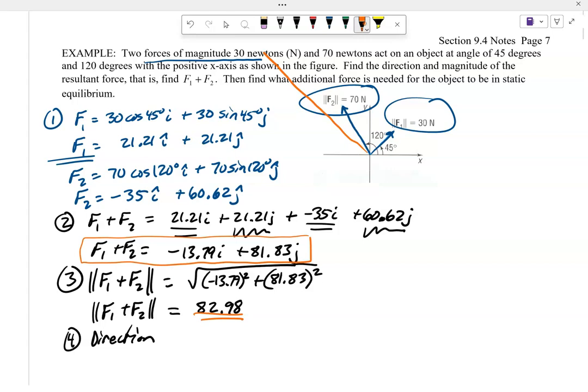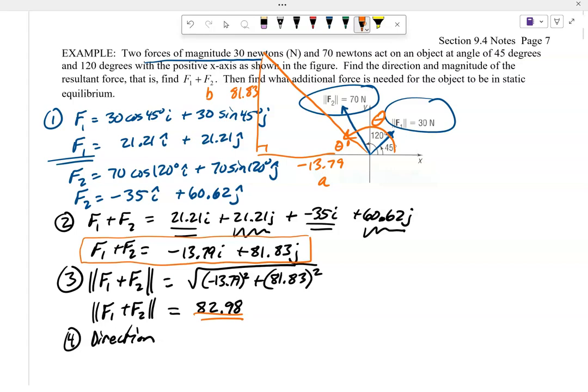Okay, so how do we find that angle, theta? Let's say I was drawing this. This is negative 13.79. This is 81.83. Here's my A, here's my B. I'm trying to find theta, but I'm using right triangle trig to do this.